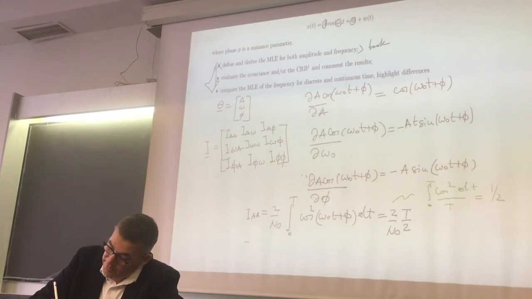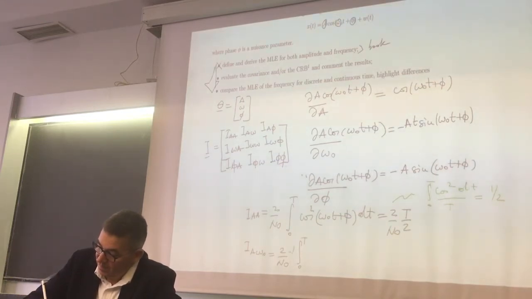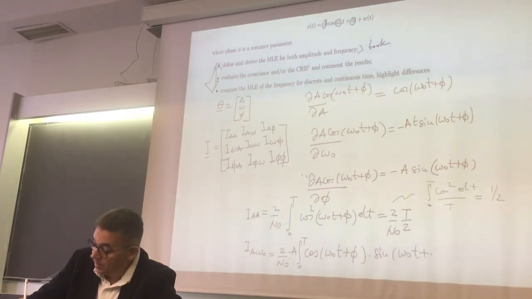So what is A? Let's compute A and omega 0. Then it's 2 times N0, integral from 0 to capital T. Then I have minus A, then I have cosine of omega 0 t plus phi times sine of omega 0 t plus phi, multiplied by t, dt.